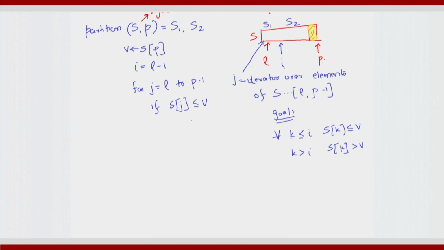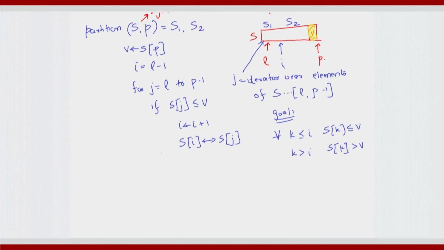So if S of j is less than or equal to V, then you want to update your I. You now got hold of one more element which is less than or equal to V. So you will say I equals I plus 1 and immediately swap entry at position I with position j and move on.